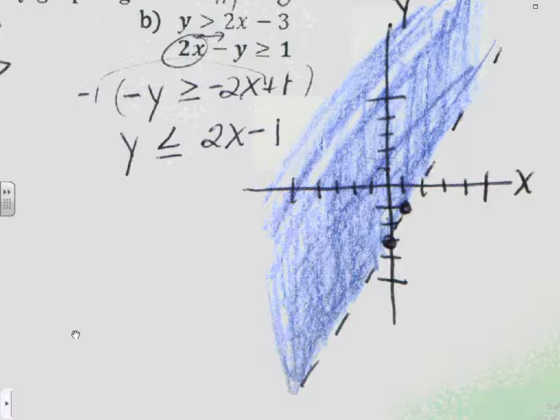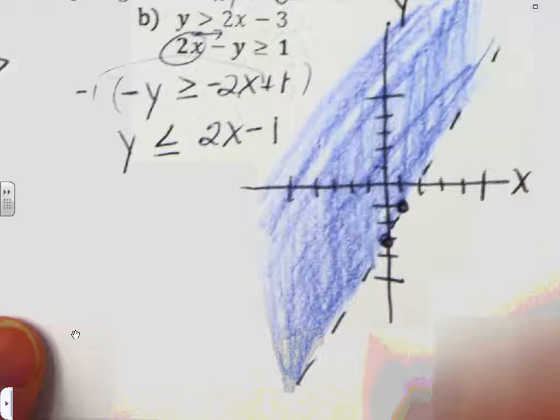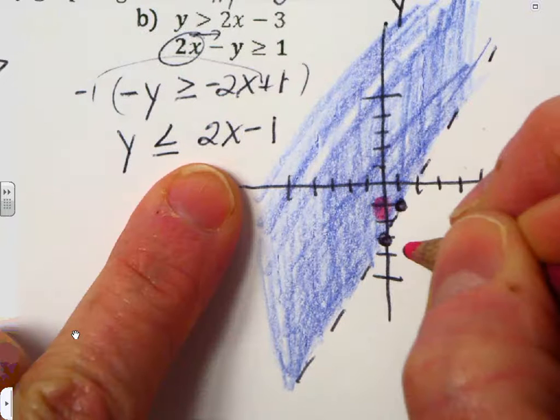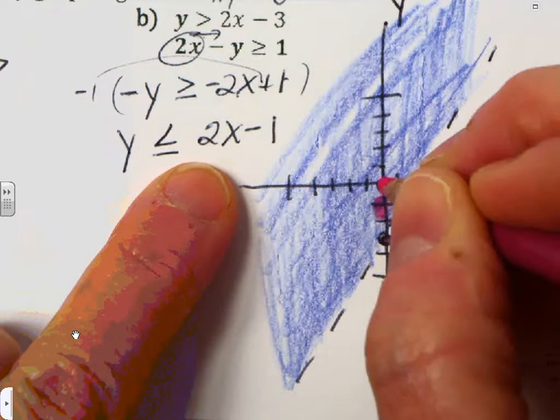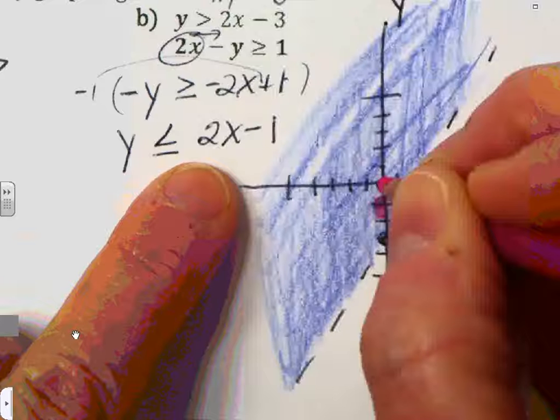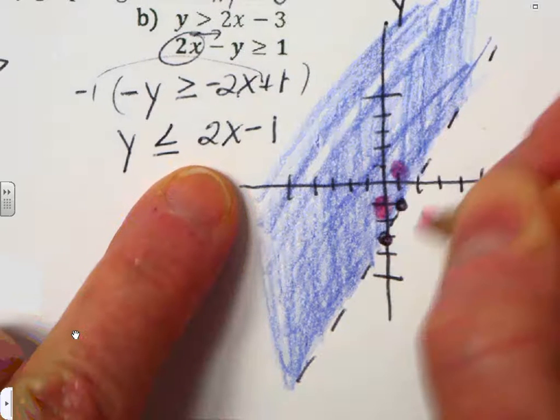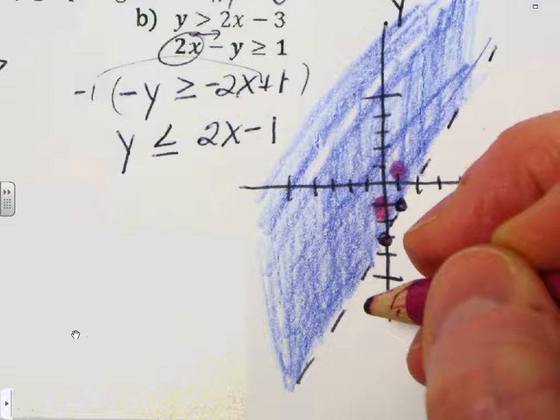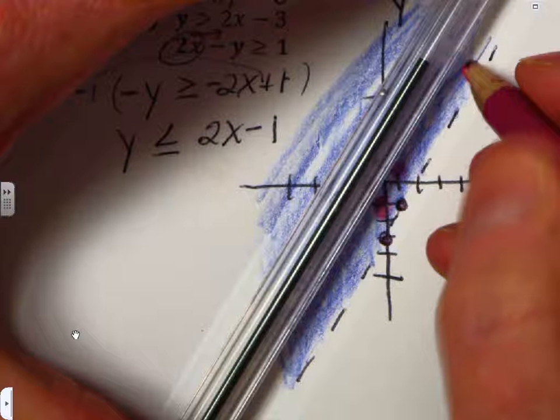So our begin here point is going to be what? -1. So it's going to go right about there. It's a little hard to see, sorry. And my slope is +2, so I go up 2 and to the right 1. I'm going to try to draw a line. It's going to be a solid line, right?